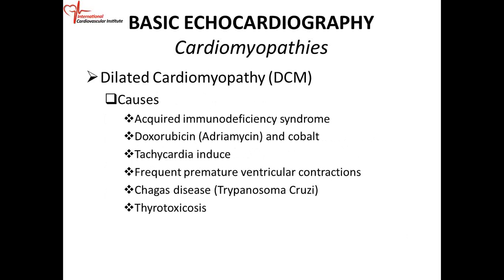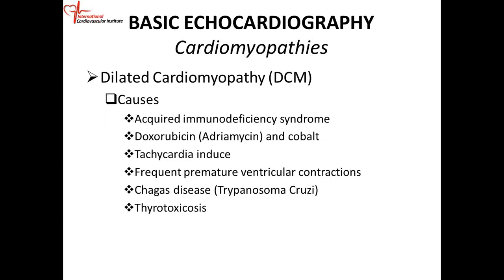And then agents, chemotherapy that we use to treat different types of cancer. Breast cancer is a very common one. So some of the agents that you use to treat breast cancer can weaken the heart muscle. So that is why before a patient gets chemotherapy for, say, breast cancer, you should get a baseline echo.